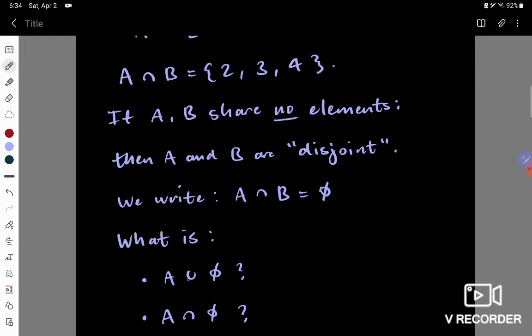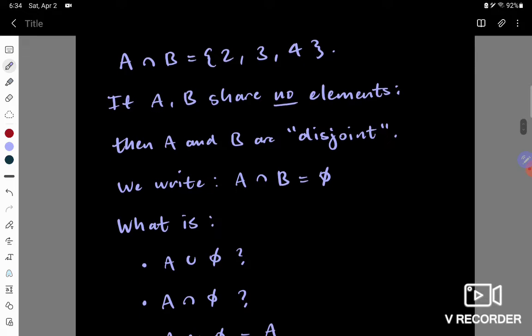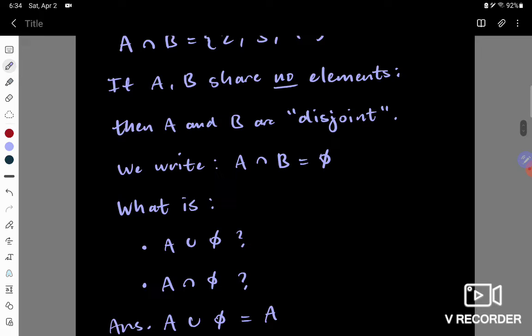If union means all the elements that are in A or are in this one, it's sort of like adding 0, because you're not losing anything, but you're also not gaining anything, because there's nothing to add from the empty set. It contains no elements. Hence, the answer to our first question is A union empty set equals A. You just get the same set when you take unions with the empty set.